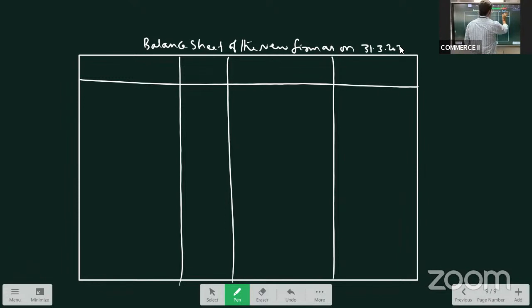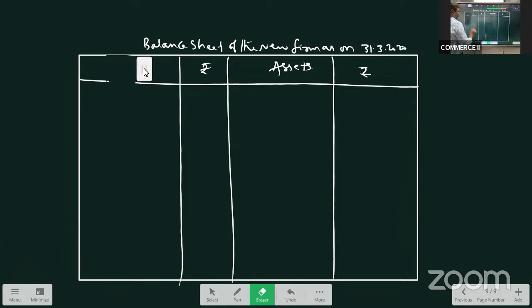What should it be? Liabilities, no? Okay. Prepare it in the same sequence as given in the balance sheet.